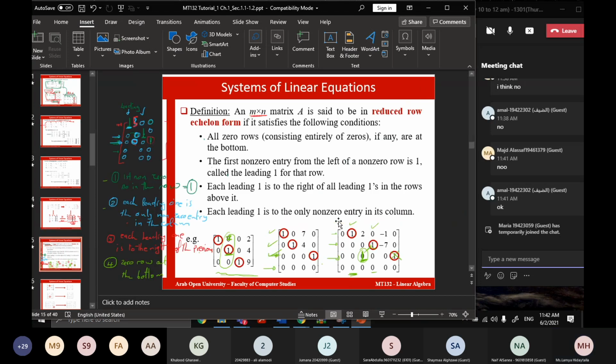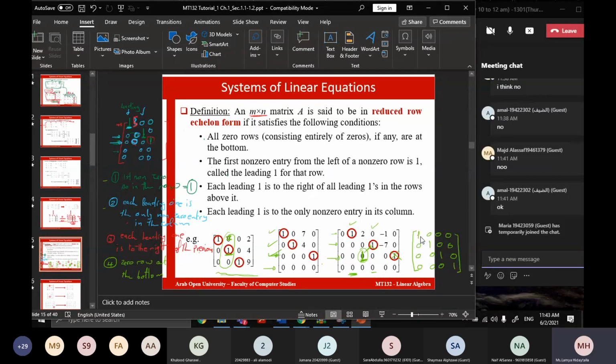Okay, by the way, before I go, what if I wrote this matrix, is it in the echelon form or no? For example, 1 0 0 0, 0 1 0 0, 0 0 1 0, and lastly 0 0 0 1.